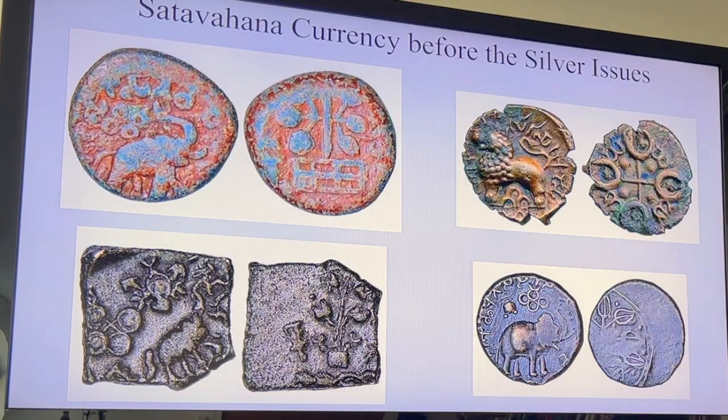This is just a glimpse into what the Satavahana coins looked like in the period before the silver currency was launched. And as you can see, the general characteristic of Satavahana coins in that period was that the types were oriented towards regions.